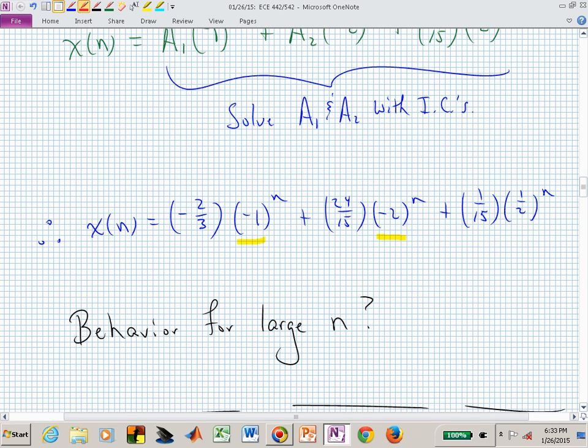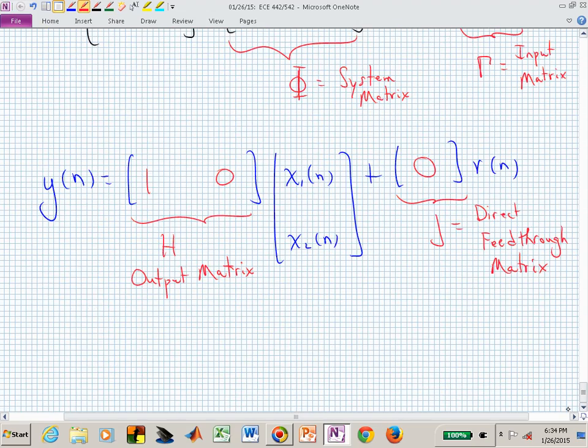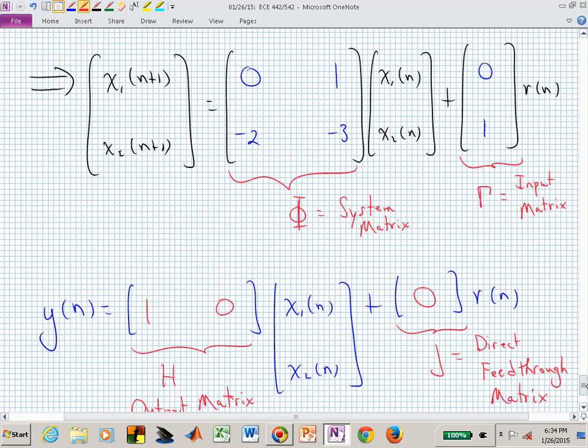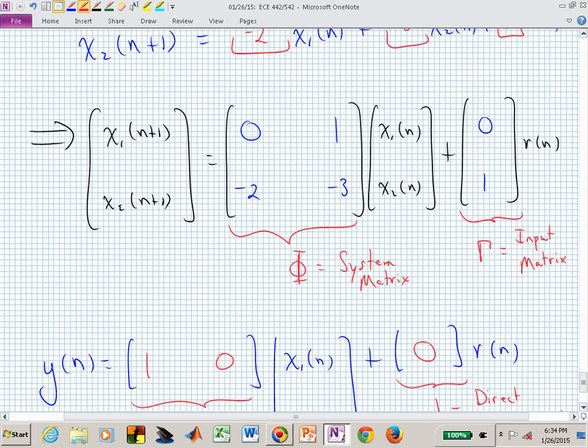So those should be hiding in that state space representation. Yes? They are the eigenvalues of that one matrix, the system matrix, which is that capital phi. If we find the eigenvalues of that system matrix, that will give us the natural behavior of our system.